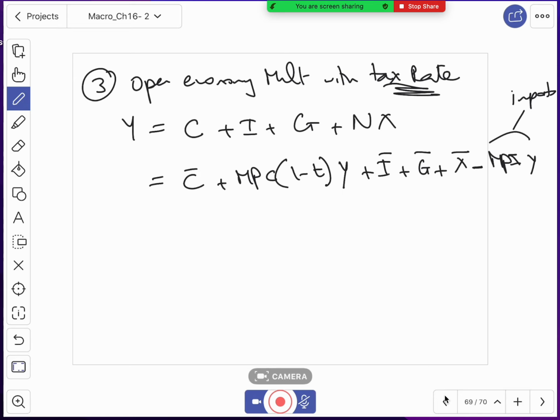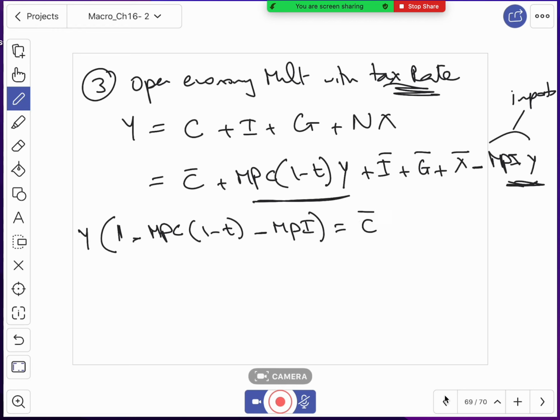So now we need to combine all the MPCs and the MPIs, and anything that is attached to the Y, we need to get to the other side so we get a common factor Y. If we take this to the other side, I have a common factor Y, and I'm left with 1 minus MPC times (1 minus T) minus MPI, equal to C bar plus I bar plus G bar plus X bar.